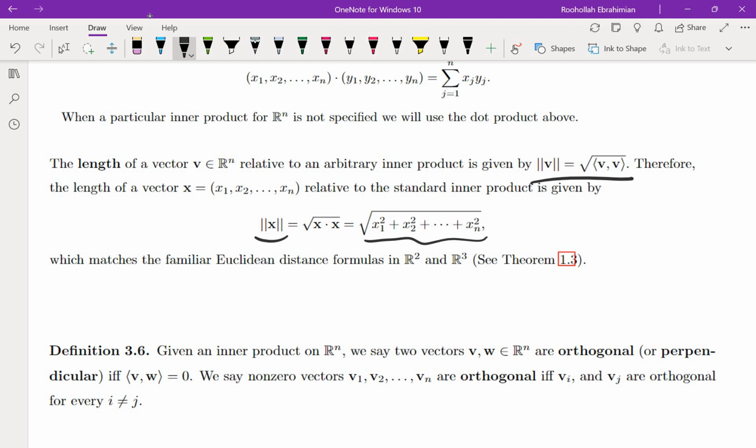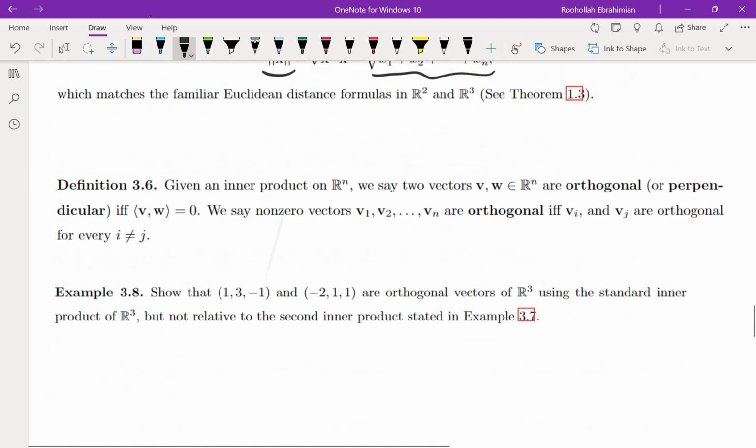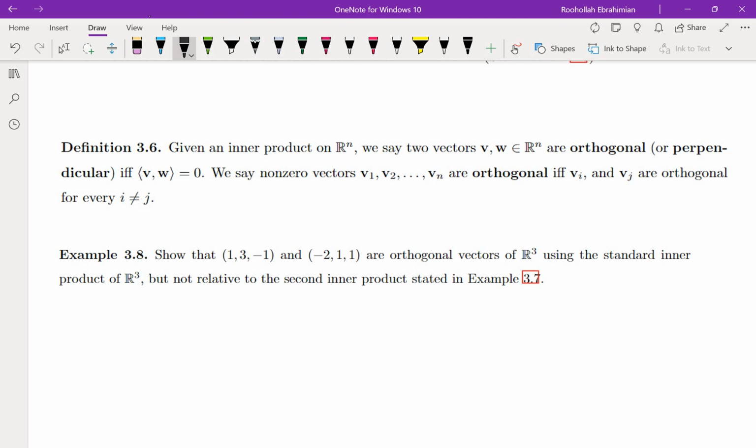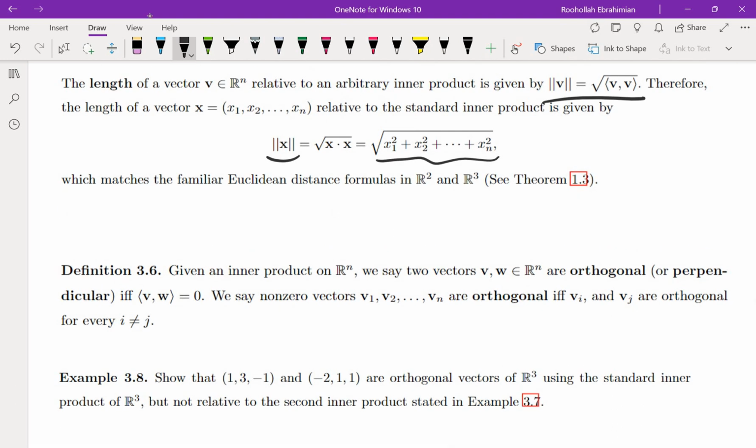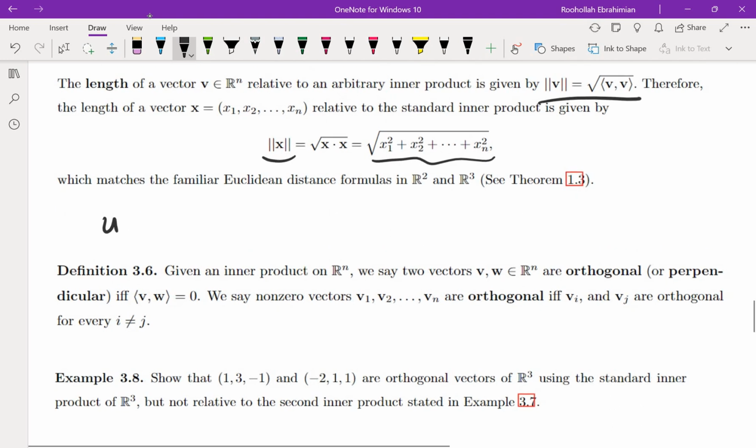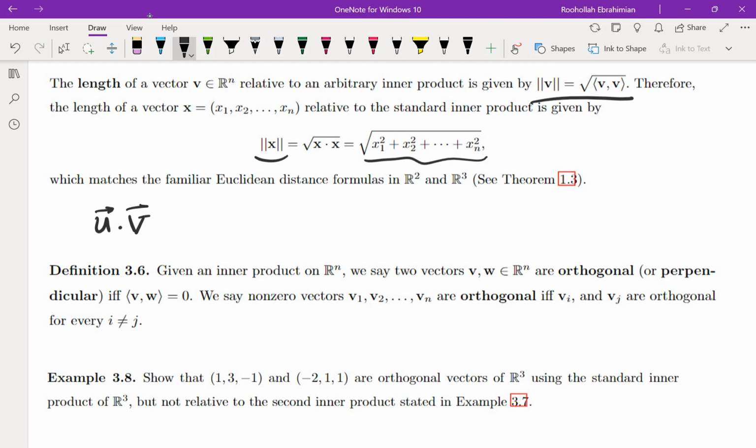We'll talk more about these lengths in a later video. Now, if you go back and look at the example that we did, we showed that in Euclidean geometry, u dot v is the length of u times the length of v times the cosine of the angle in between u and v.